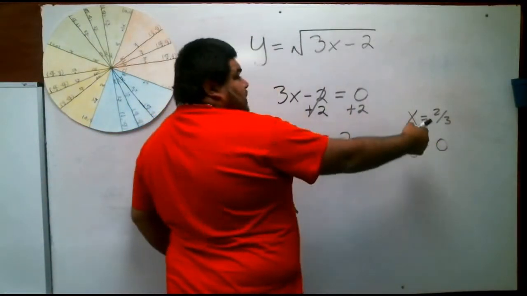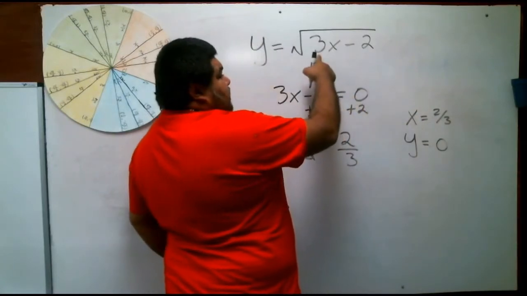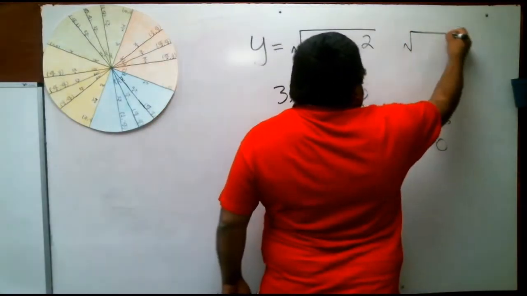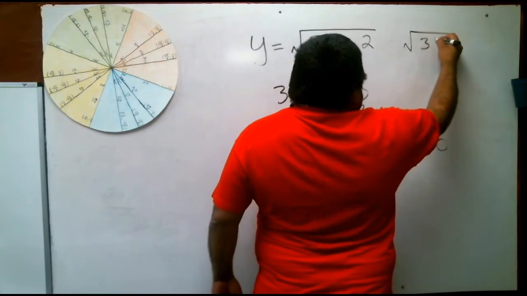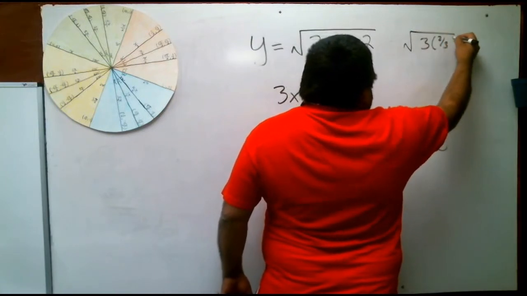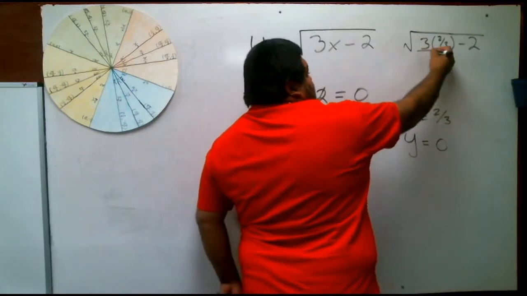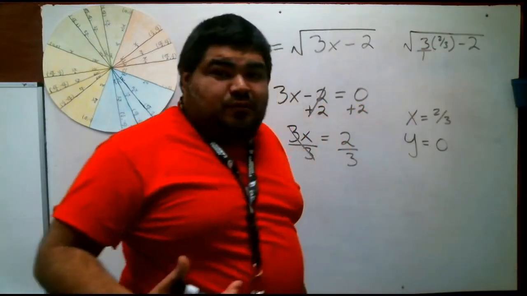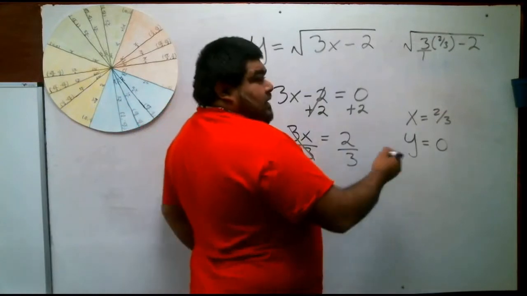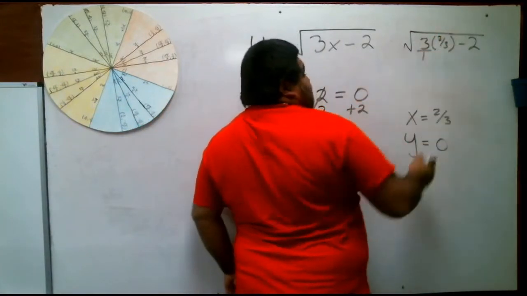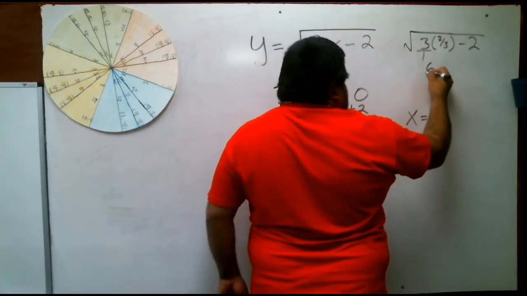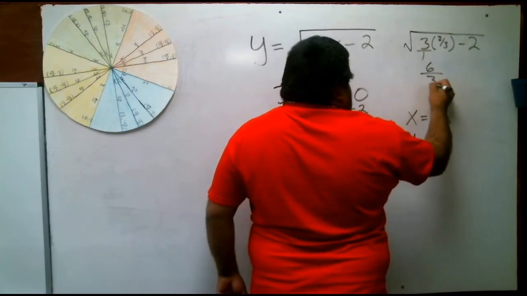Because we plug in 2/3 into here, we have the radical of 3 times 2/3 minus 2. There's always a 1 under the 3, because there's always a 1 under a whole number to make it into a fraction. 3 times 2 is 6. 1 times 3 is 3.